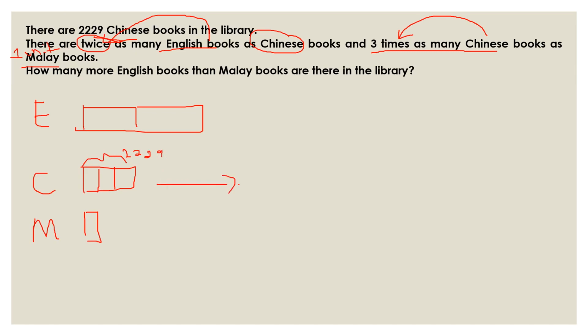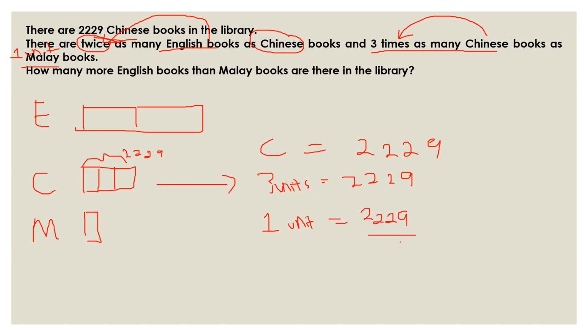So over here, the Chinese books equal 3 units. If 3 units equals 2,229, how to get 1 unit? To get 1 unit is 2,229 divided by 3, which equals 743.